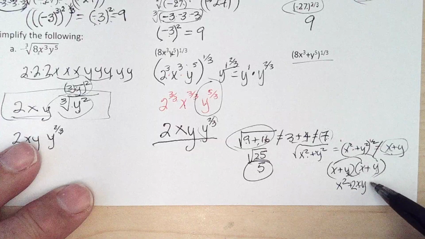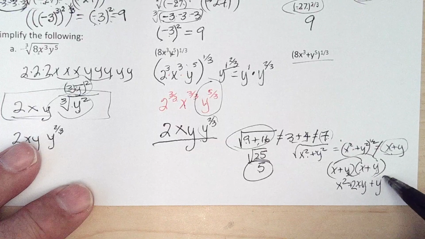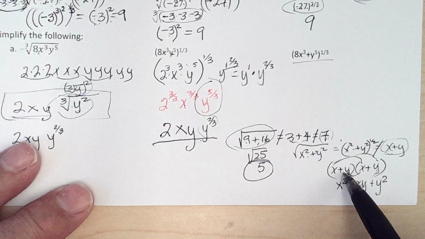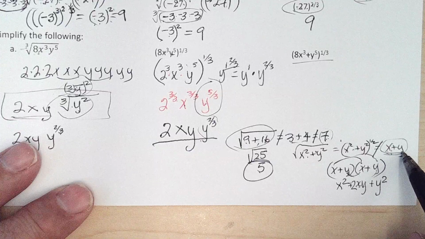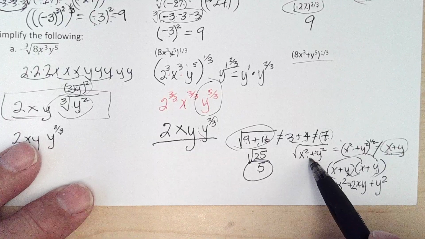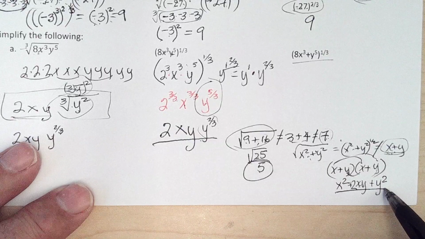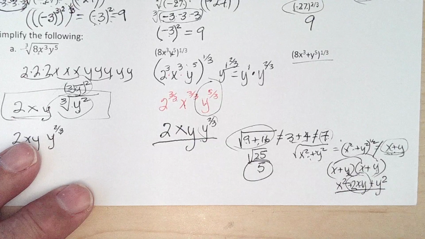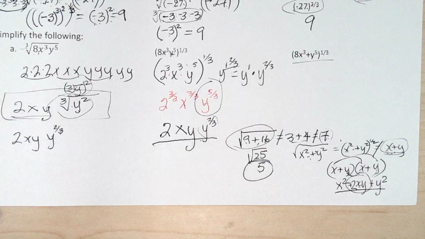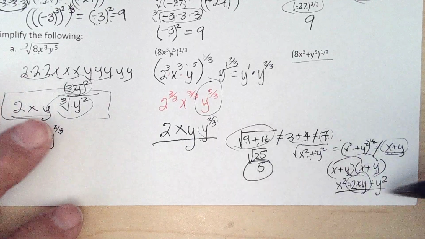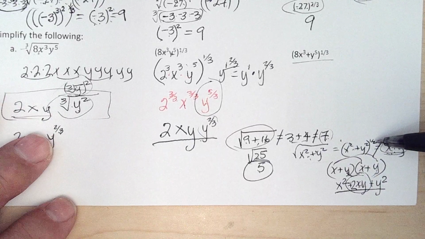And then y times y. If this was the square root of this, times itself should make this. It doesn't. It has an extra piece in it. That extra piece is huge.